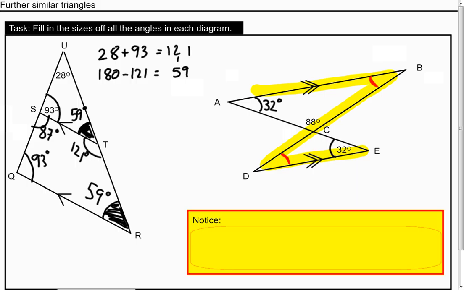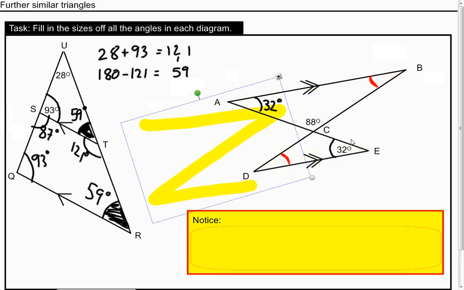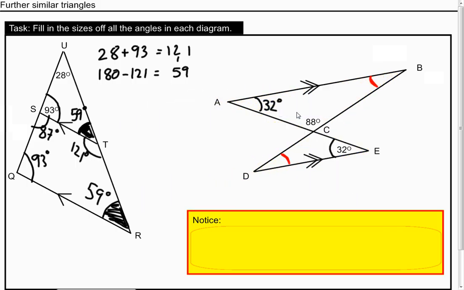Now, to fill these in, I'll need to figure out what one of those is. Looking at the top part of the diagram, at the triangle ABC, I know two angles in the triangle, so they'll add up to 180. 88 plus 32 is 120.